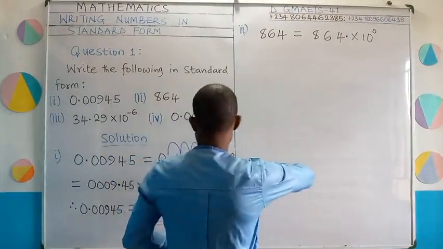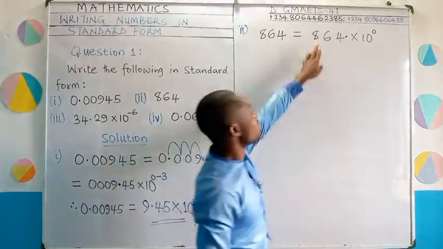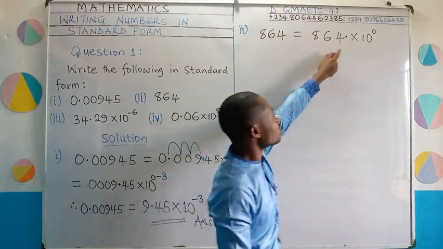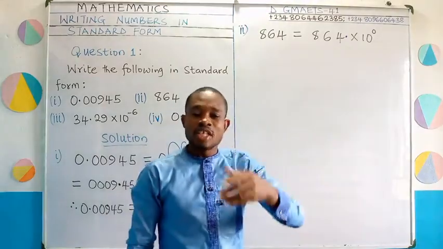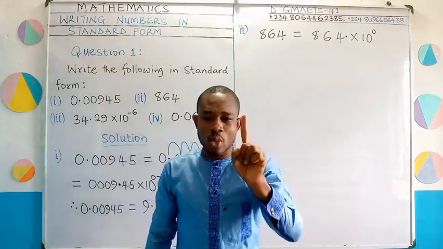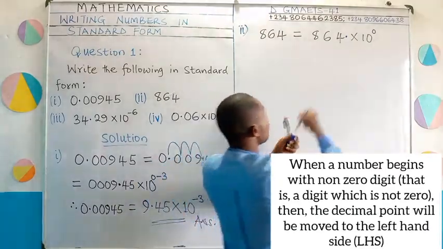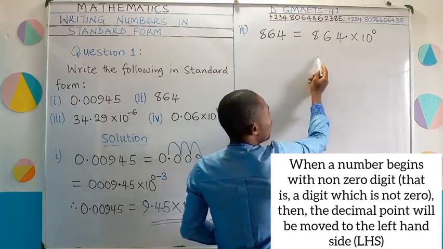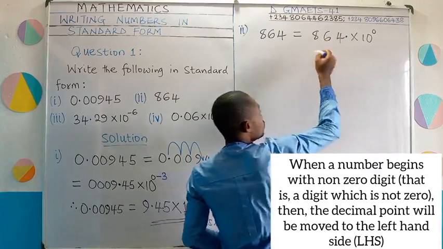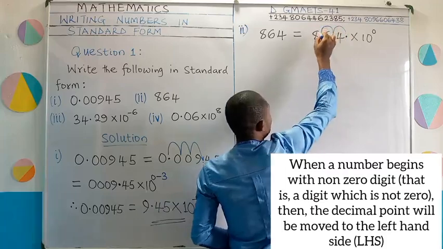So from here, we are going to move the point. This is 864, a whole number. And you know that for a number to be in standard form, the whole number part is expected to be just 1 digit from 1 to 9. It simply means that I'll move the point from here to come between 8 and 6. And for the point to move to this place, how many times will it move? Let's find out. 1 and 2.